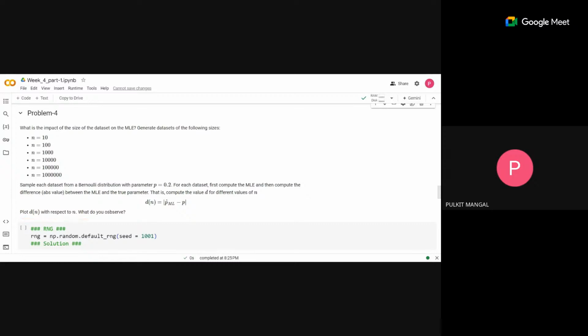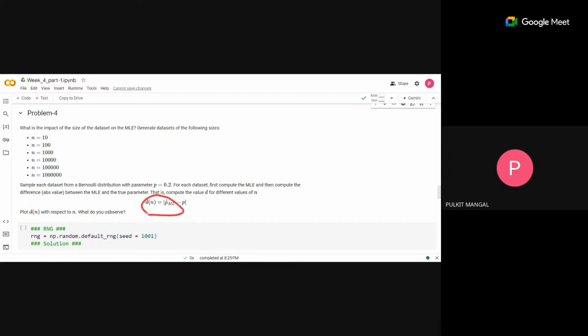So this is the question of understanding what effect it will have when we increase the number of samples. What kind of behavior do you expect? What will happen when you take more and more samples from your data set?